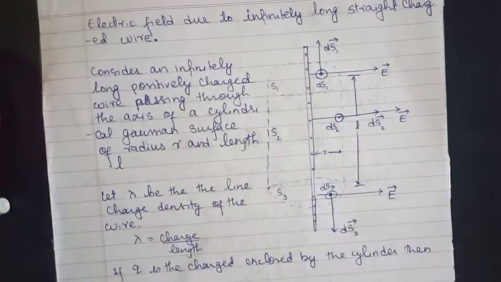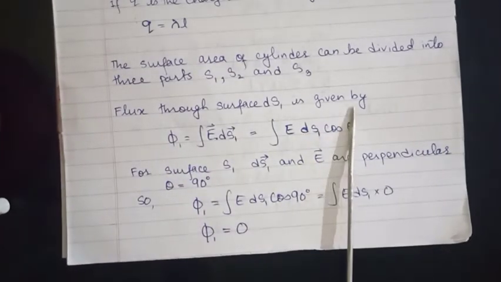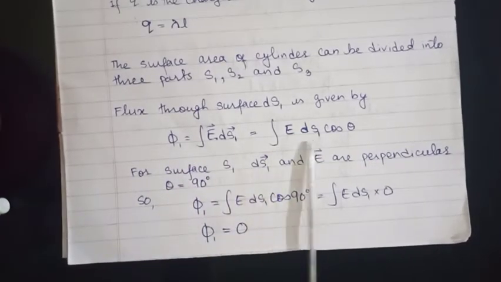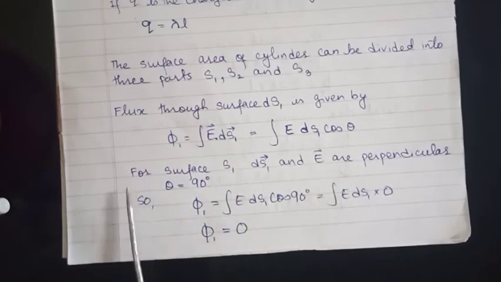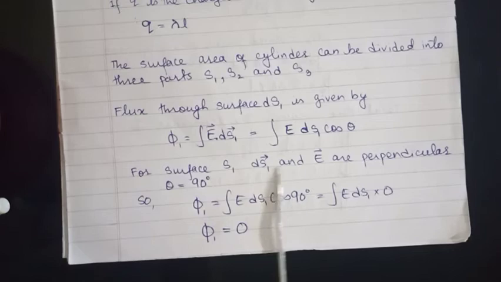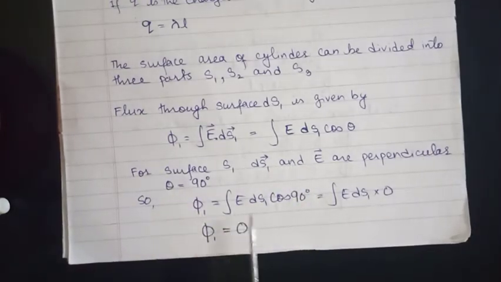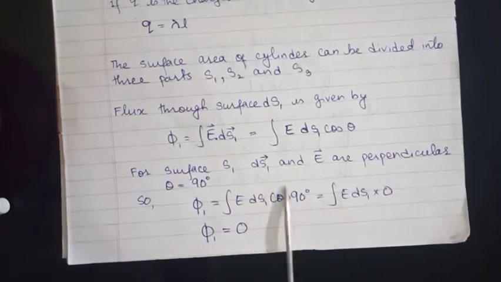Now for the surface area S1, that is the top part, we already know the formula for flux is the integral of E ds cos theta, because in the dot product we get cos theta, and for surface S1, ds1 and E are perpendicular, so theta is 90 degrees, so I'll get this to be 0 because cos 90 is 0.